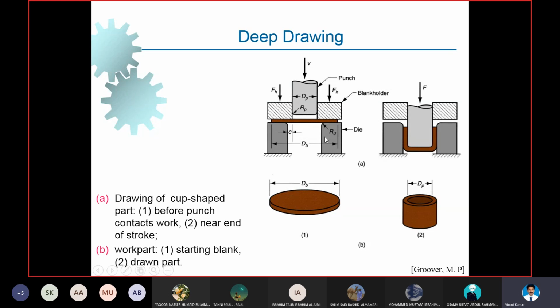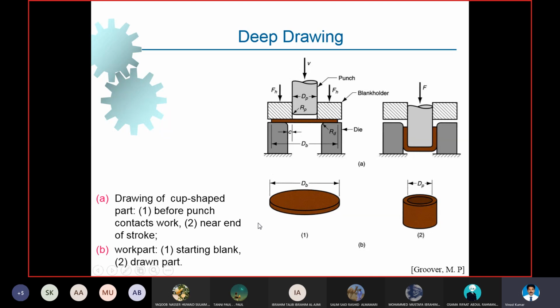The whole force or stress is focused in the clearance between the punch and the die. The material gets deformed and you get a cup shape or a similar shape. This process we call the deep drawing process.